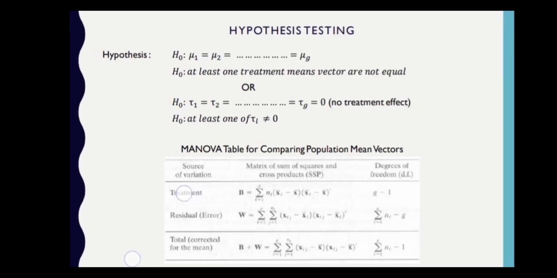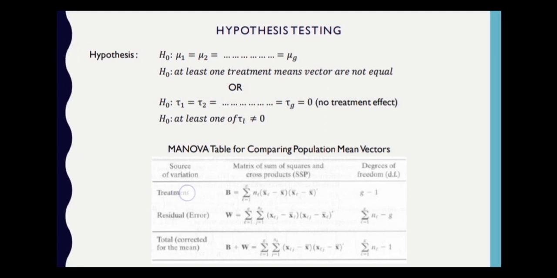Tadi I dah ceritakan dia punya assumption of the multivariate one-way MANOVA. Tadi kita ada 3 assumption kan, page 296 tadi kan, 3 assumption that I have told you.